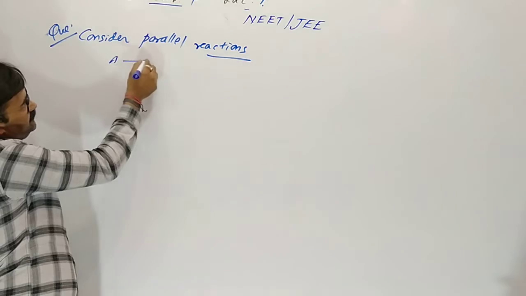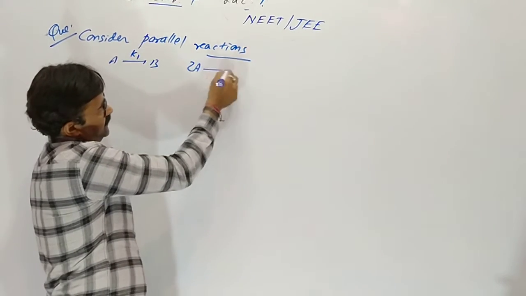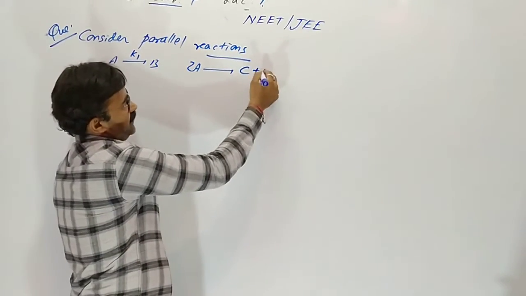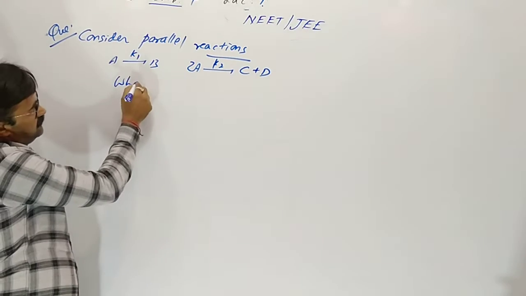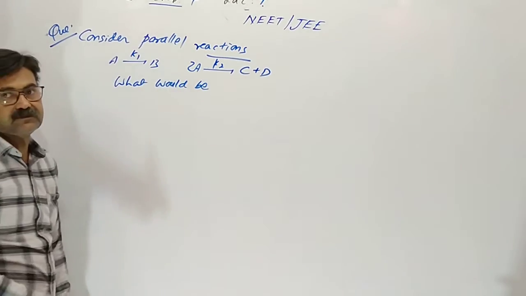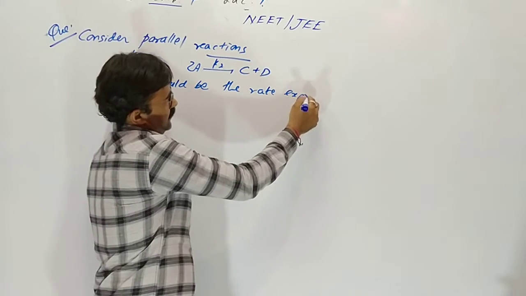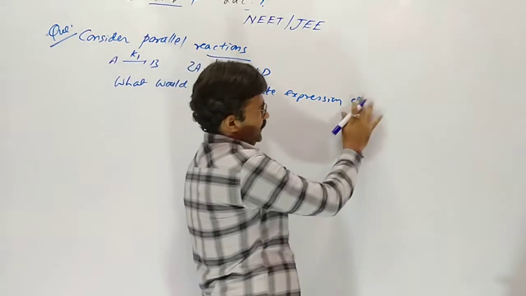A gives B, that constant K1, and 2A gives C plus D, and that constant is K2. What would be the rate expression for A?